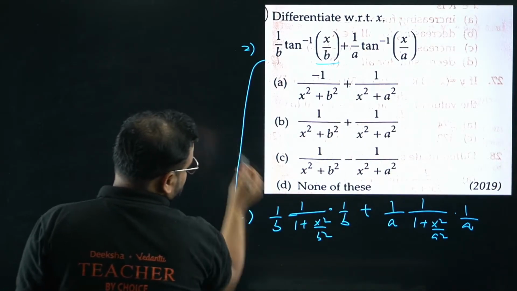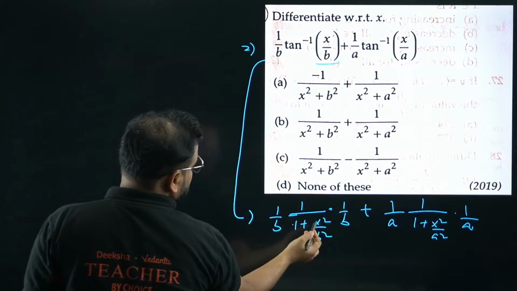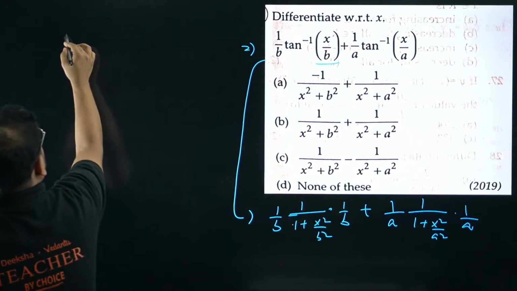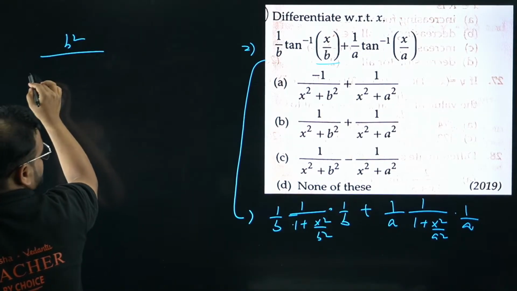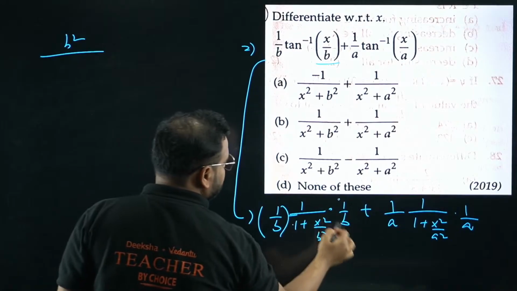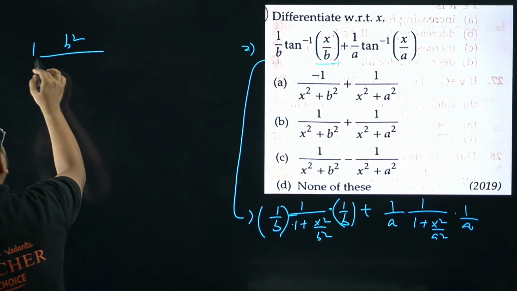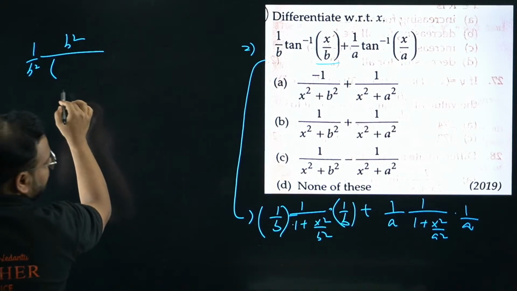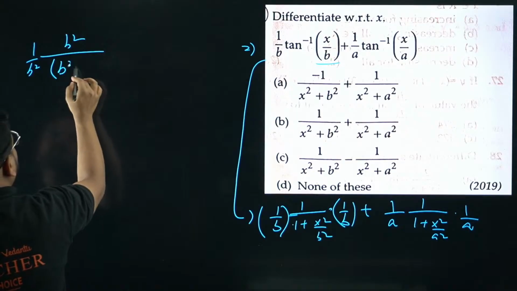So over here, with the LCM, it will become b square plus x square, and b square will go up. I can combine these two together, right? So I get 1 by b square into, in the bracket, b square plus x square.